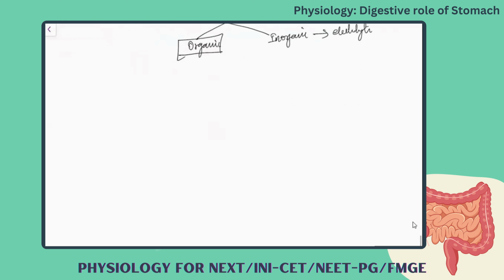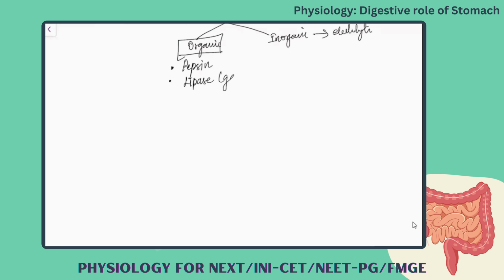So what are all the secretions we have seen now? Pepsin, and you have lipase. This is called gastric lipase. In the other case, we saw lipase in saliva, which is called lingual lipase.